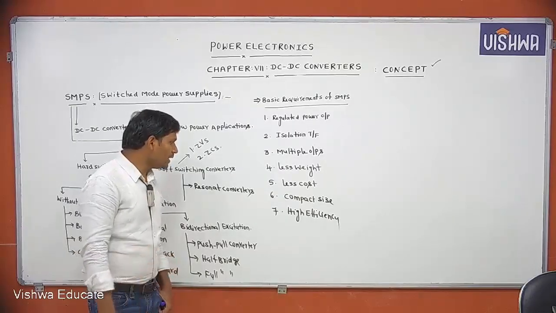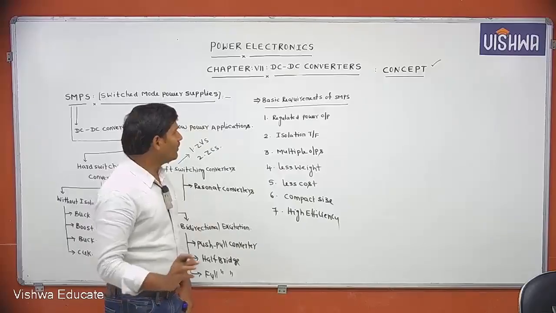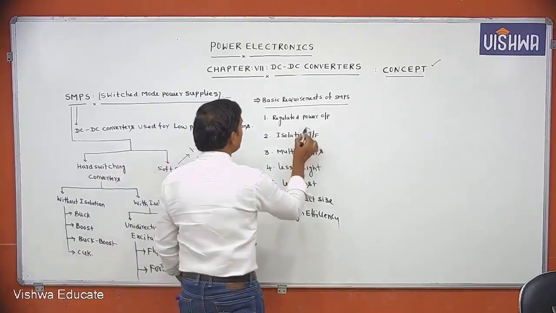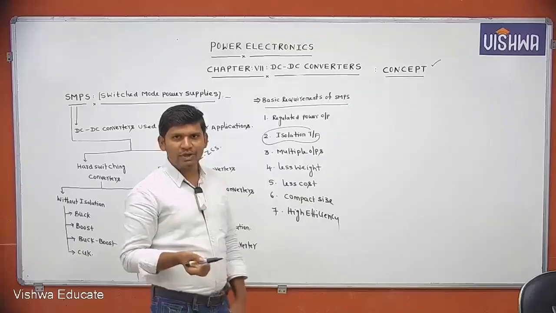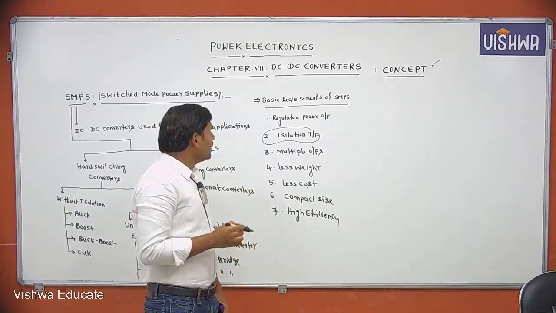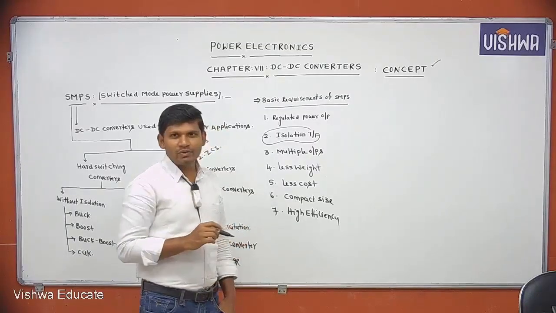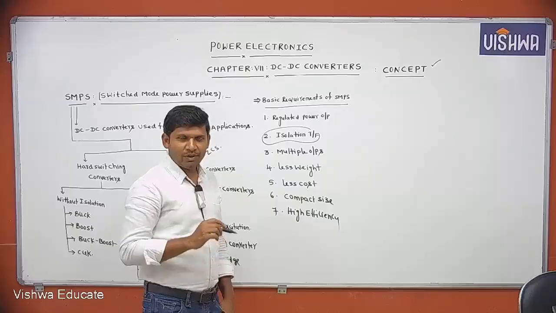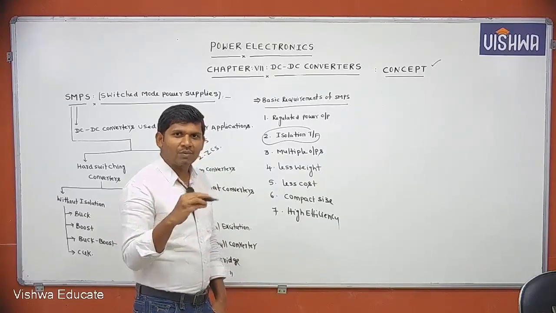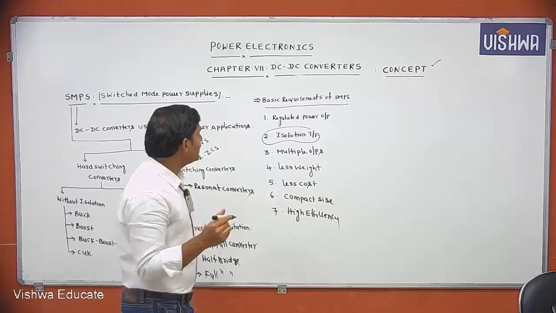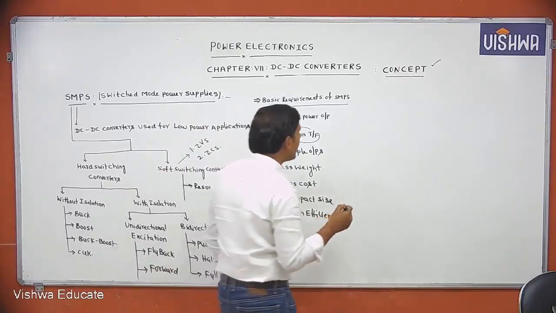Another point you remember: we can use an isolation transformer in the normal utility system also, and even in the SMPS. Then what is the difference between the transformer used in the normal utility system and the transformer used in the SMPS?